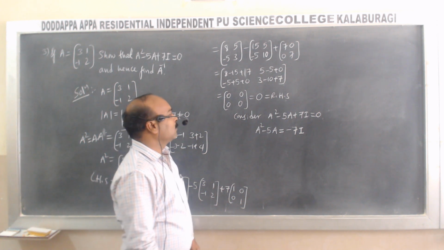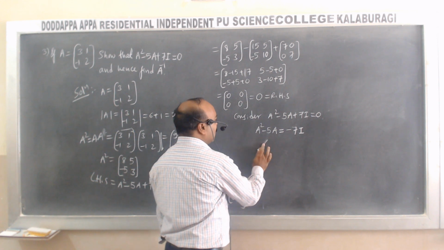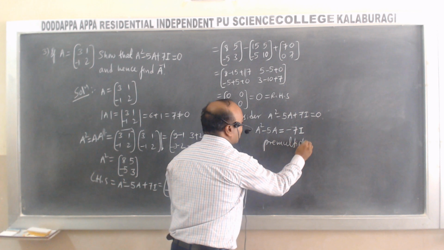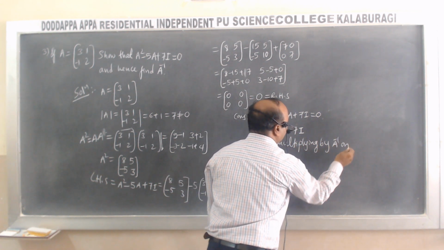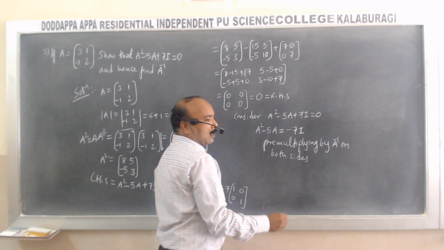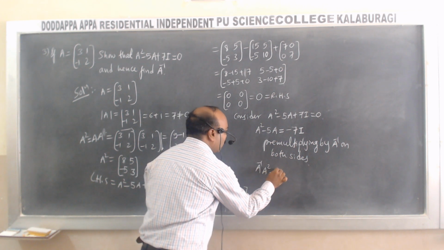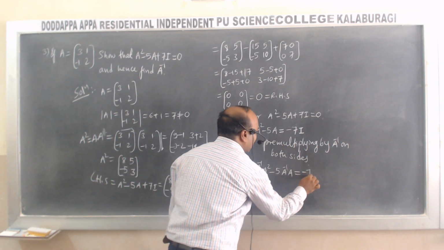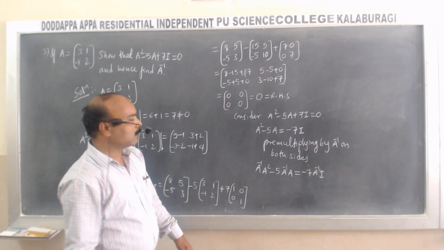Then we multiply by A inverse on both sides. Now we get A inverse into A square minus 5 A inverse into A equal to minus 7 A inverse into I. Now we simplify this.